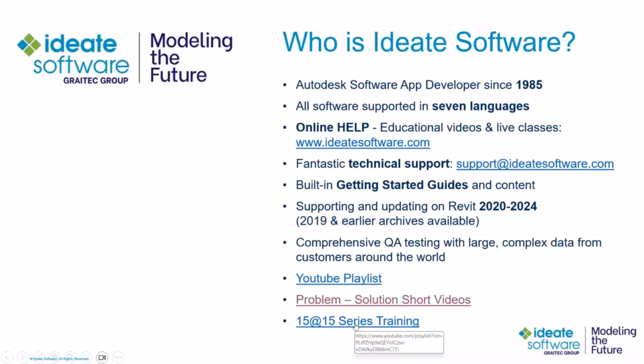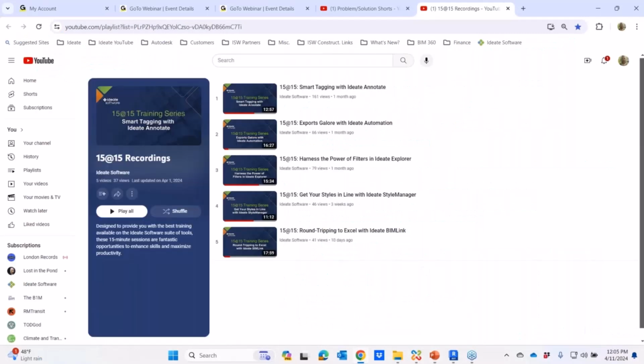Also, we have this new 15 at 15 series training where every other week for 15 minutes, we do a short sort of training getting started with a particular ID8 software solution. And so we started that just a couple months ago. So you can see that there are a few here, but we're going to be doing this for the remainder of the year. Actually, the next one is scheduled for tomorrow, Friday.